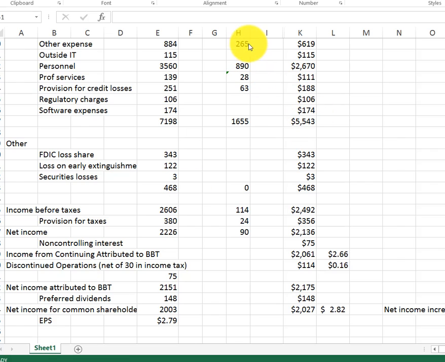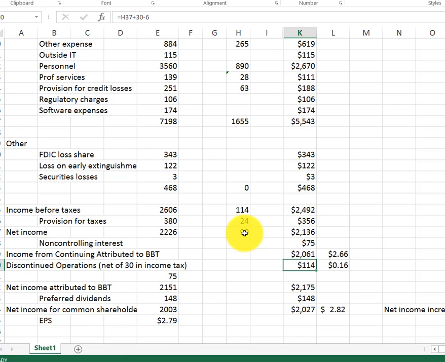So what we're literally doing is we're taking all of this, summarizing it into one number, and then putting it back on the income statement. Now, the confusing part is this includes not just the $90, but also the $30 that we had as a gain when we sold the assets for the discontinued operations.